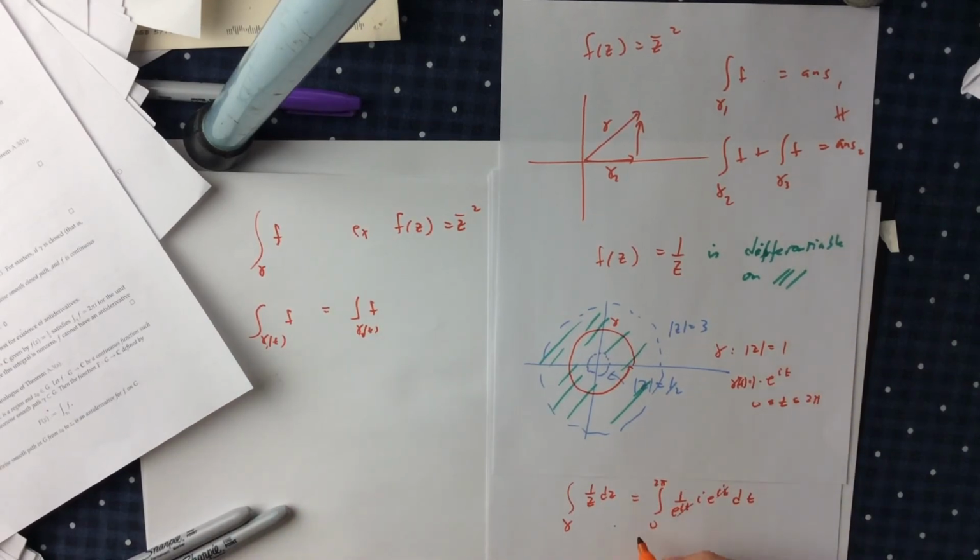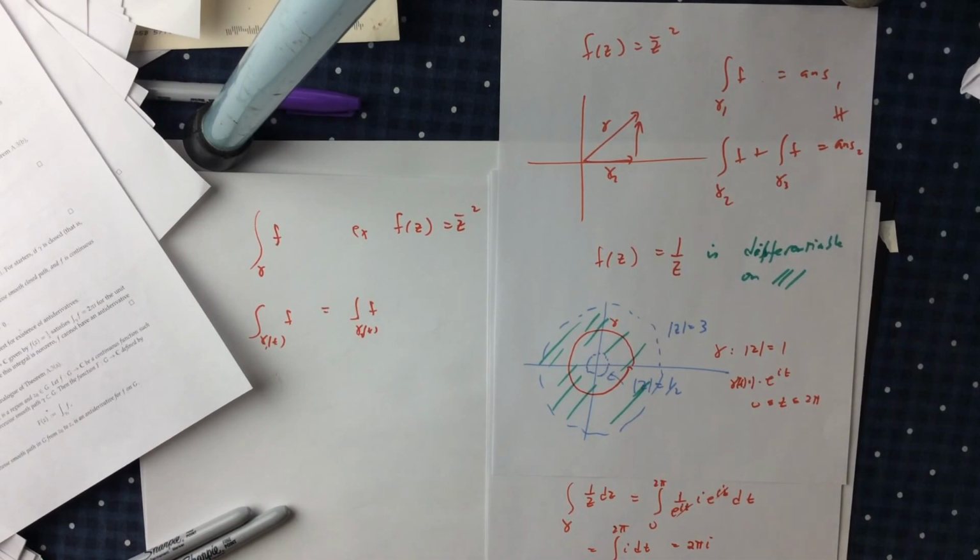Now these cancel, and lo and behold, I get 2 pi i. So to go around this circle, the integral is 2 pi i.